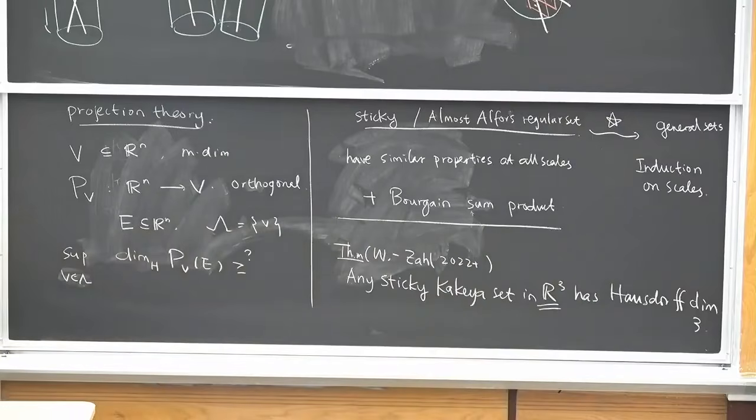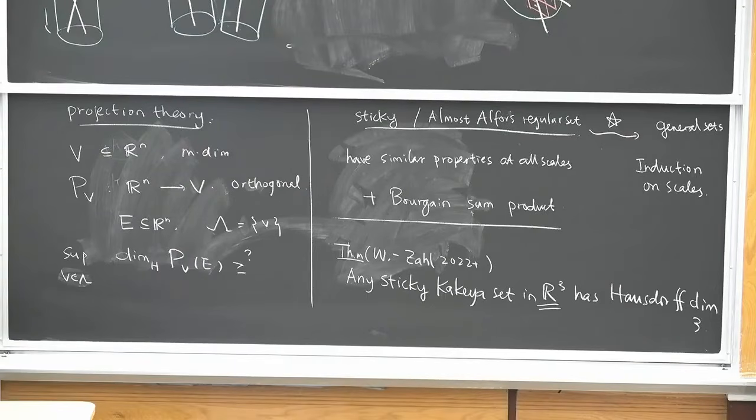So the first definition is closely related to what Wolf used to prove his 5 halves bound. What he showed is that suppose T is a set of tubes that satisfy the first axiom, then it should have dimension at least 5 halves. And again, the Heisenberg group is sharp for this argument because Wolf's argument didn't specify whether we are in R3 or C3.